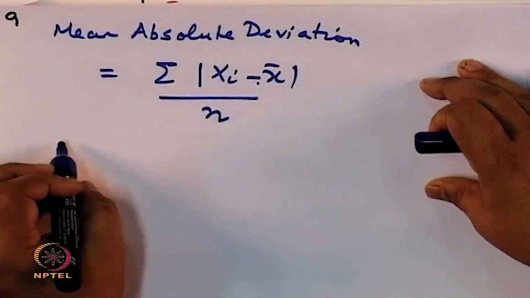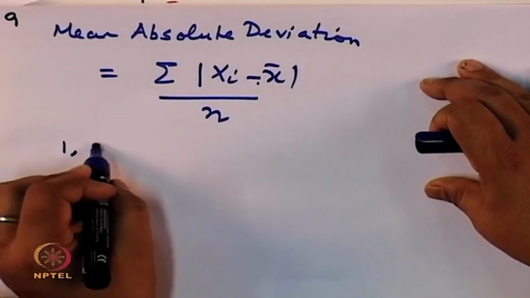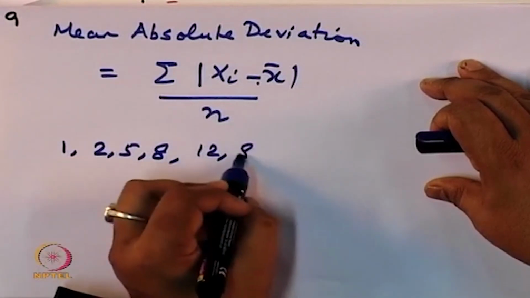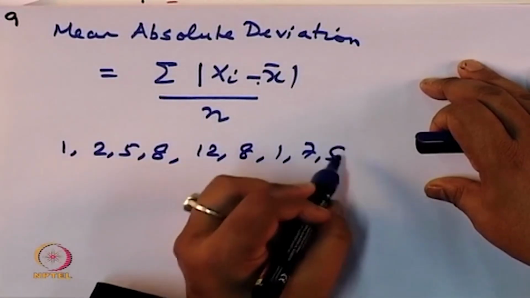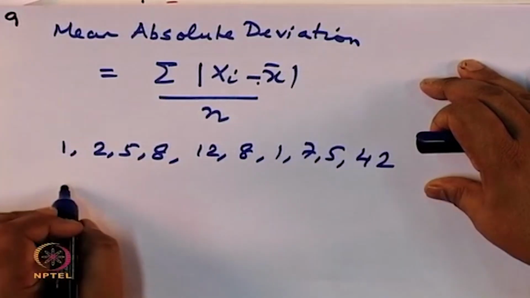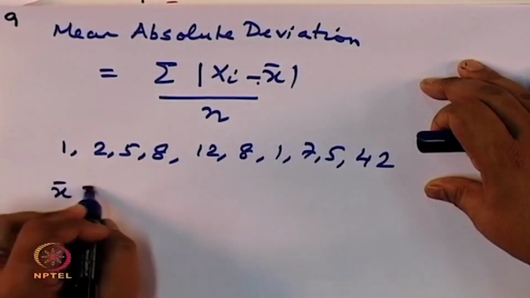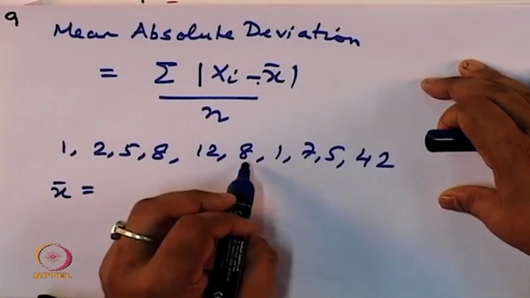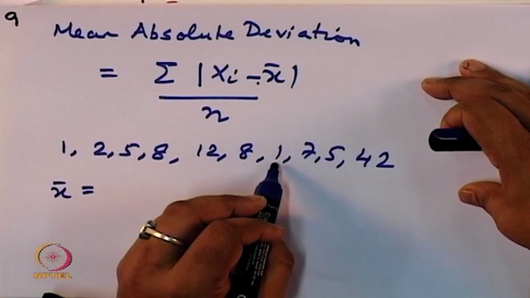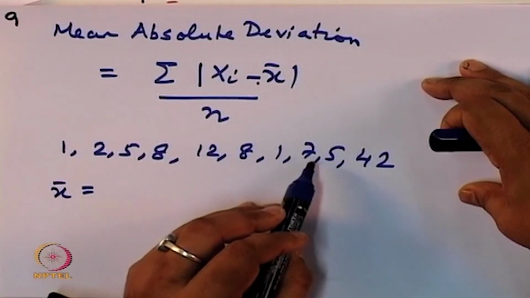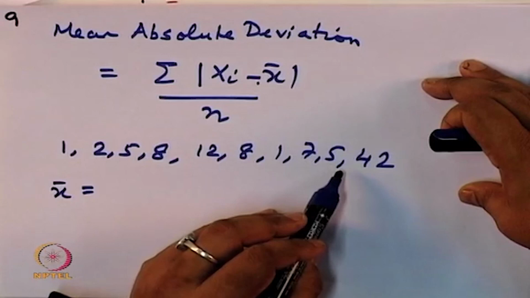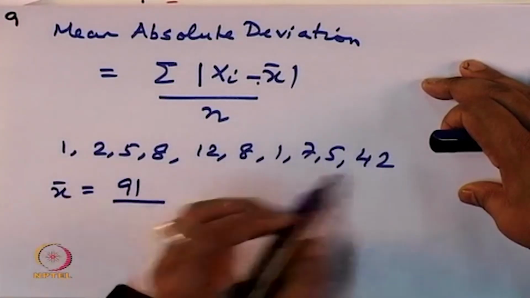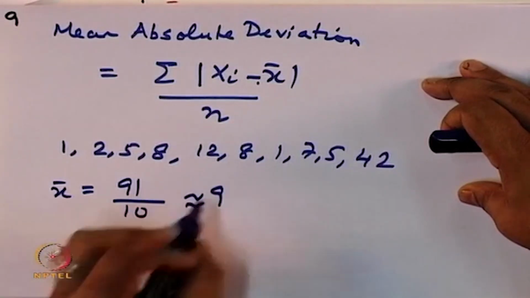Let us say I have a data set 1, 2, 5, 8, 12, 8, 1, 7, 5, 42. I have to calculate my x bar. So my x bar becomes 3 plus 5, 8, 8 plus 8, 16, 28, 36, 37, 44 plus 5, 49, 91 divided by 10. So approximately 9, let us say.